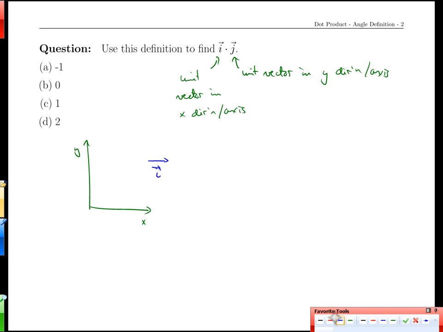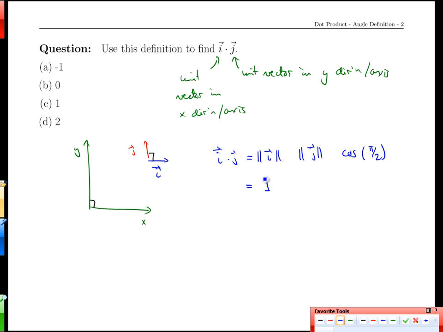And then if we have our second vector, which would be j here, then i dotted with j is going to equal the length of the i vector and the length of the j vector multiplied times the cos of the angle between them. And this time, though, they're following the axes, x-axis and y-axis, and so the angle there is going to be 90 degrees, or in radians, pi over 2.